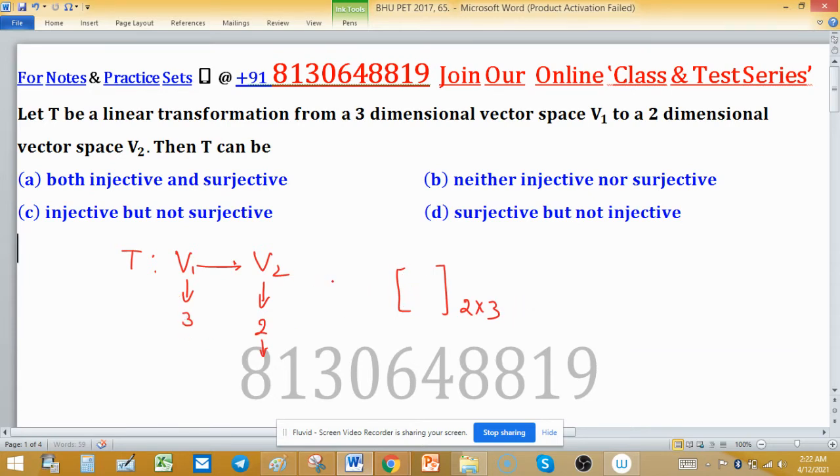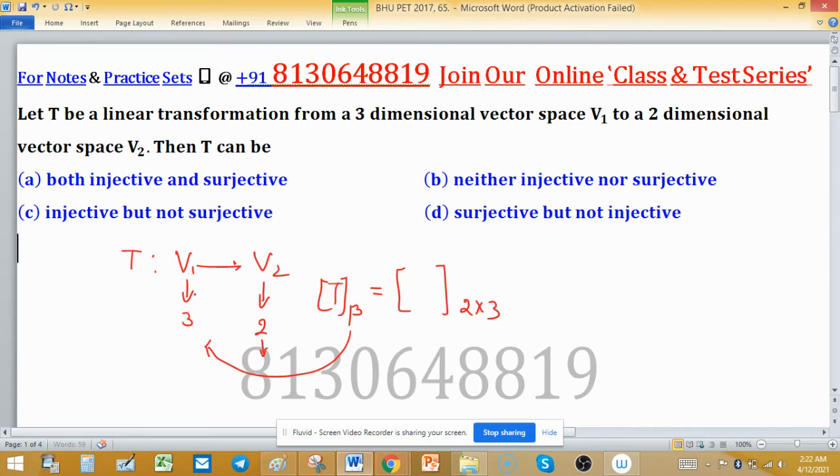So suppose I find this matrix representation with respect to the standard ordered basis. We cannot tell about the standard ordered basis whenever V1 is not specified.